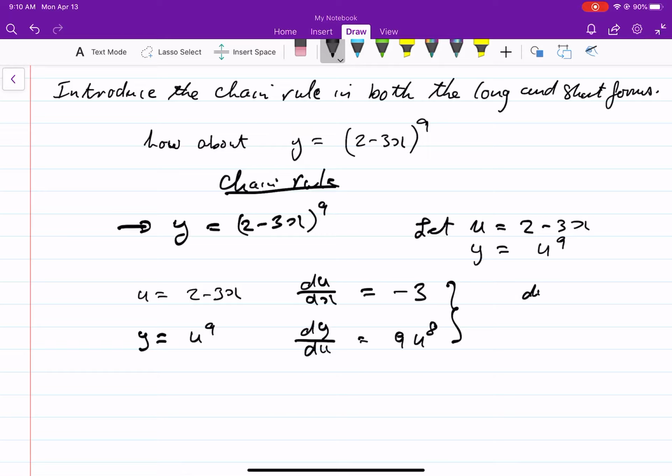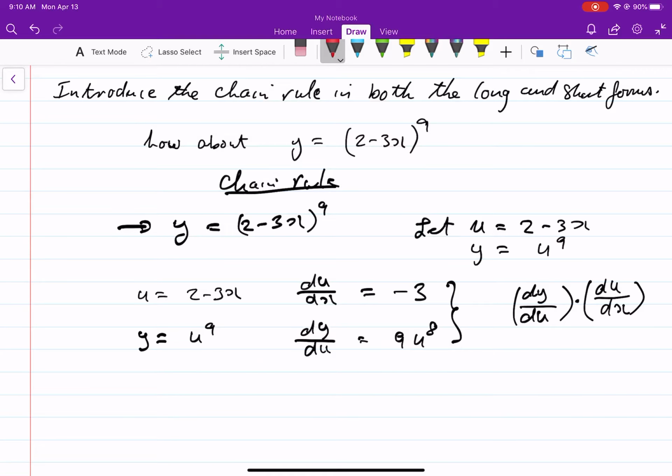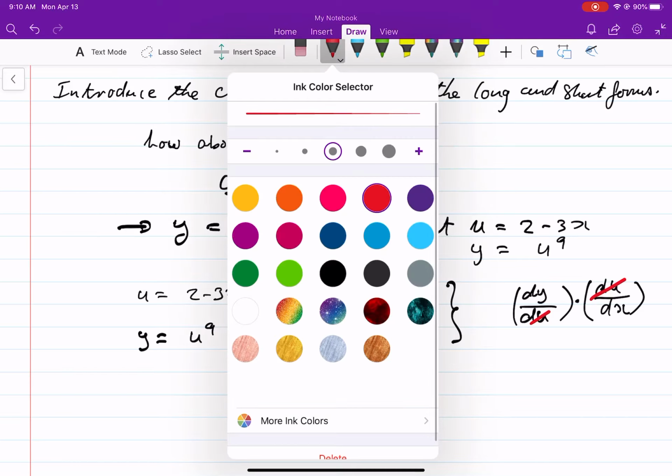And the answer is yes. If I take dy du, multiply it by du dx, look at the du's. What do you think is happening to them? There and there. What's left over? Just what you needed. dy dx.